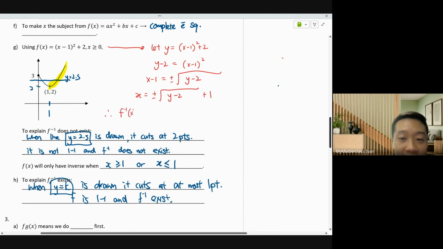F inverse x is equal to the positive, replacing the y with x, square root of (x minus 2) plus 1, if your x is greater than or equal to 2. Why? Remember, domain of f inverse is the same as, Jonathan, range of f. Yes.